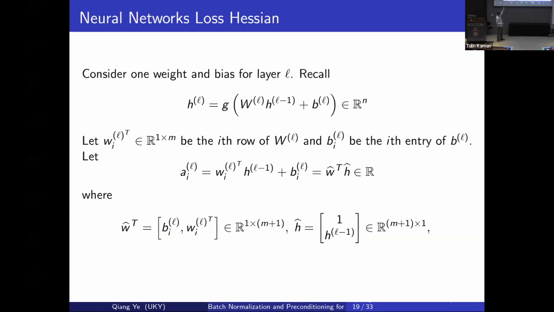Then I look at the corresponding output of that layer, the i-th entry a_i^L, just the linear part. I can write it as W hat times H hat. W hat puts the bias and the weight together, and H hat is H^(L-1), the hidden input going into the layer, with a 1 added on top.